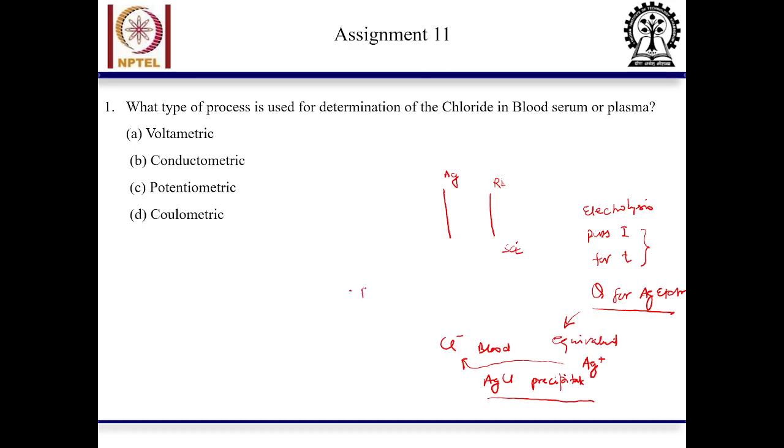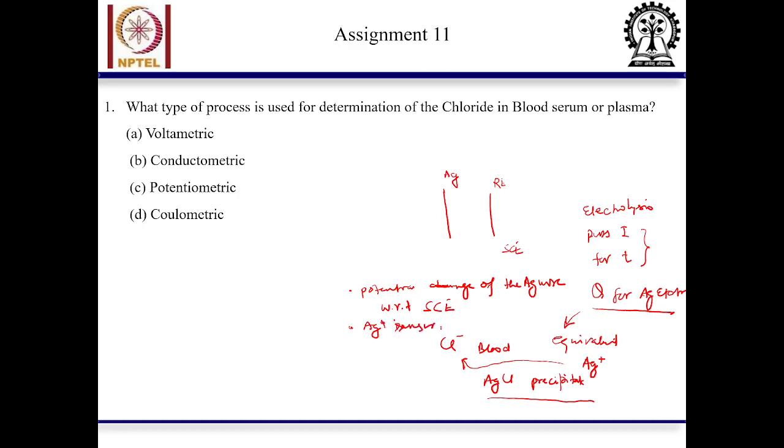First is the potential change of the silver wire with respect to the standard calomel electrode. The other is we can take a silver plus ion sensor.